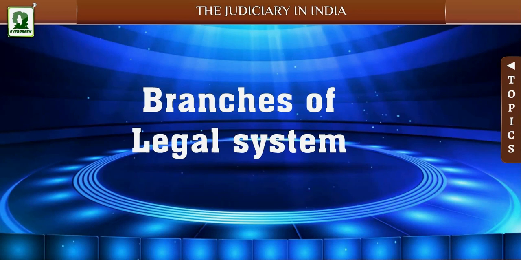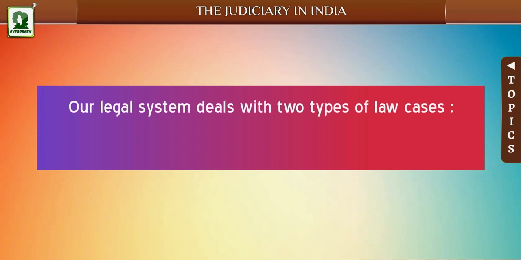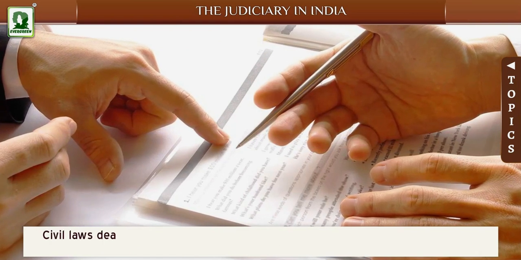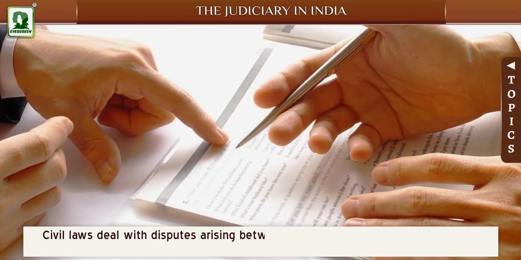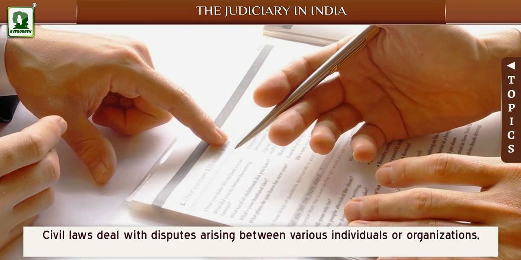Branches of the legal system. Our legal system deals with two types of law cases: civil law and criminal law. Civil law. Civil laws deal with the disputes arising between various individuals or organizations.